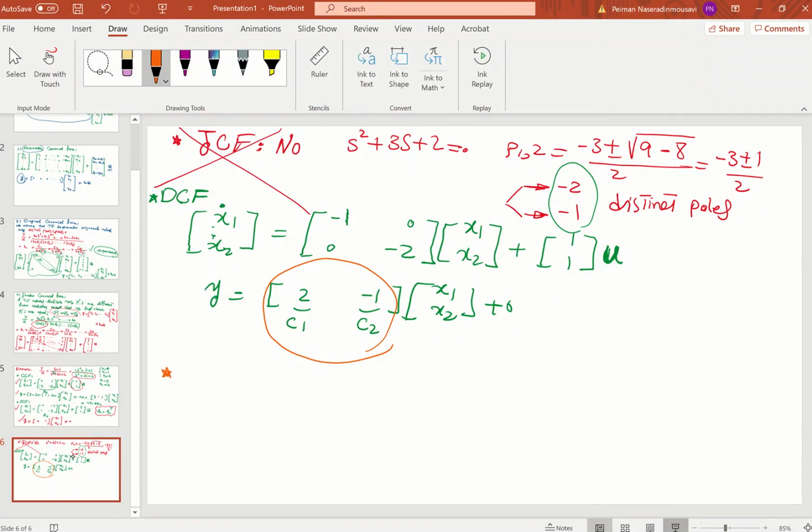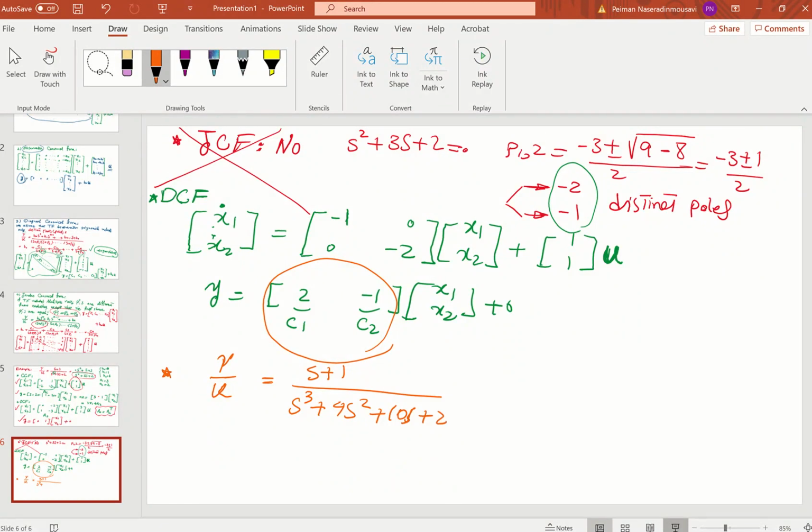So now suppose that you have this transfer function, guys, s plus 1 divided by s cubed plus 4s squared plus 10s plus 2.